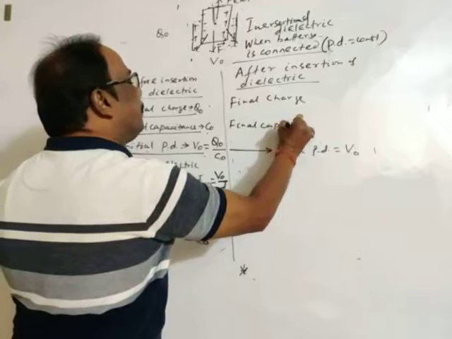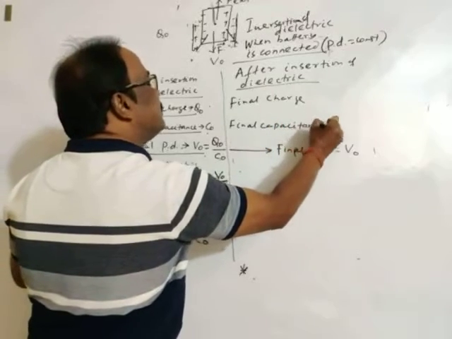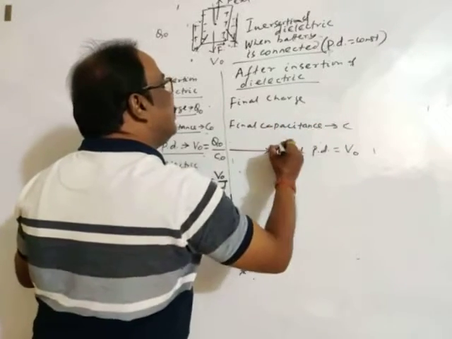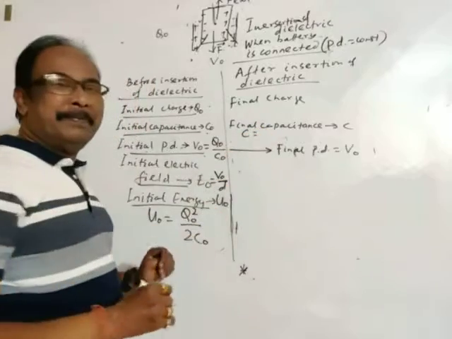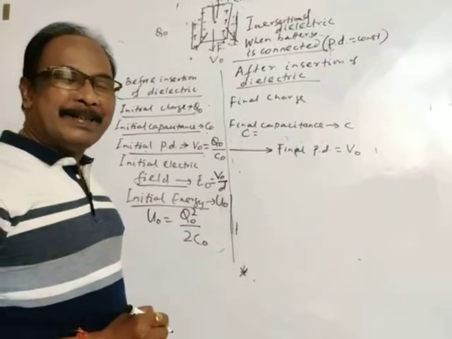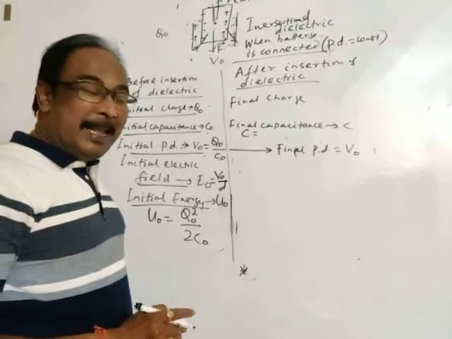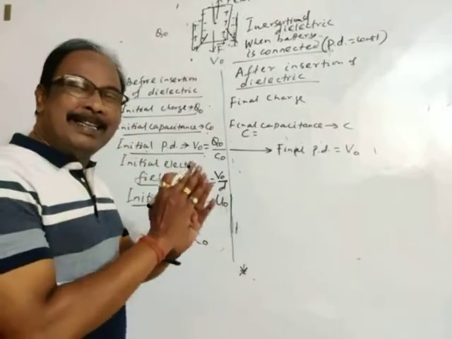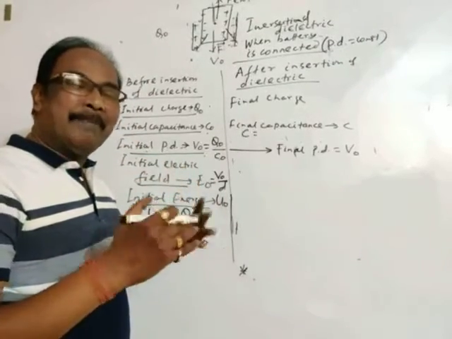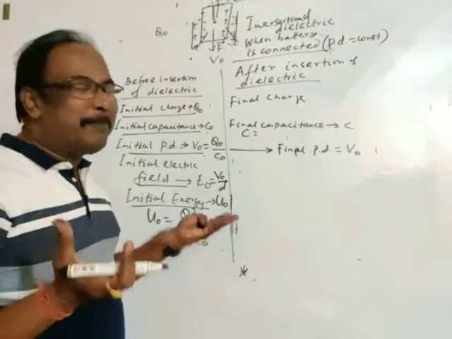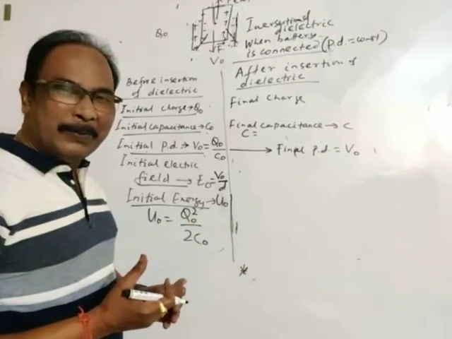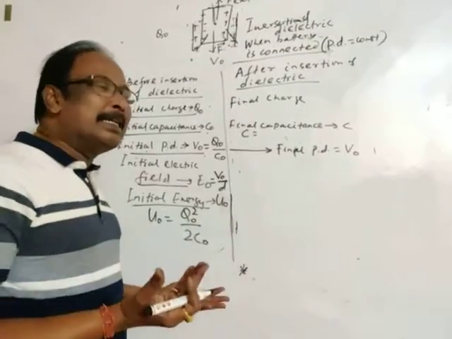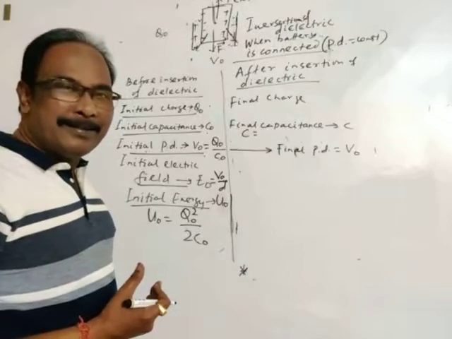See, first let's find capacitance. Final capacitance is C, and we have already discussed in today's class that if a dielectric slab is inserted, then capacitance increases. We have proved it mathematically also, and we have discussed the concept behind it.